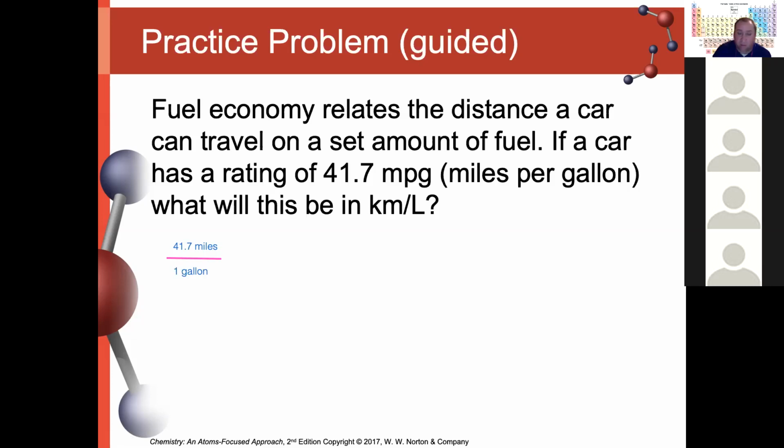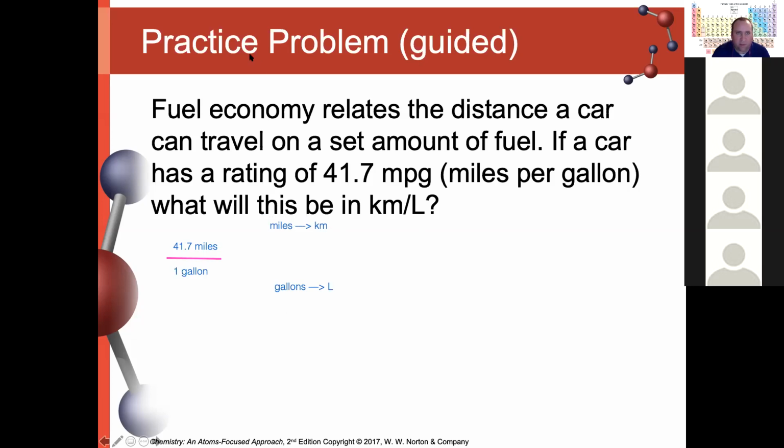We need to convert the miles into kilometers, and we need to convert the gallons into liters.